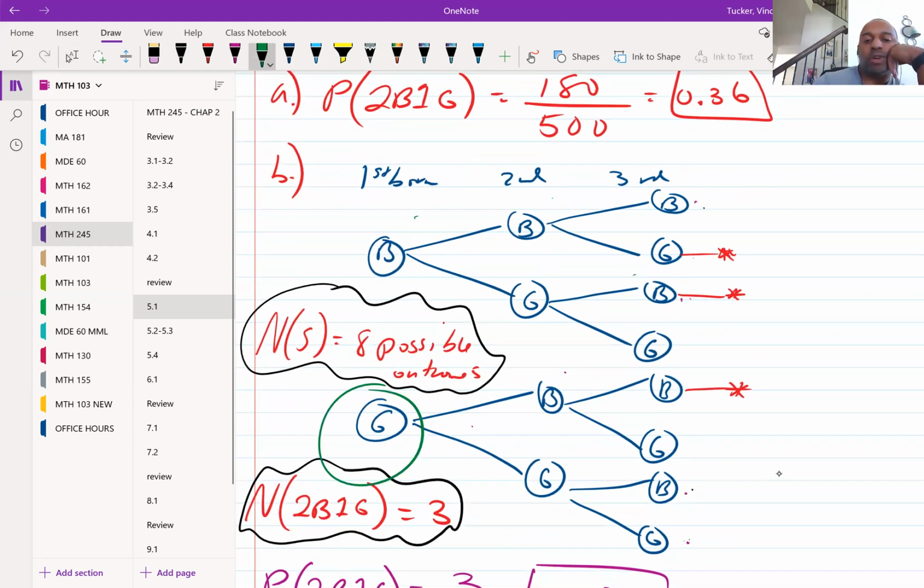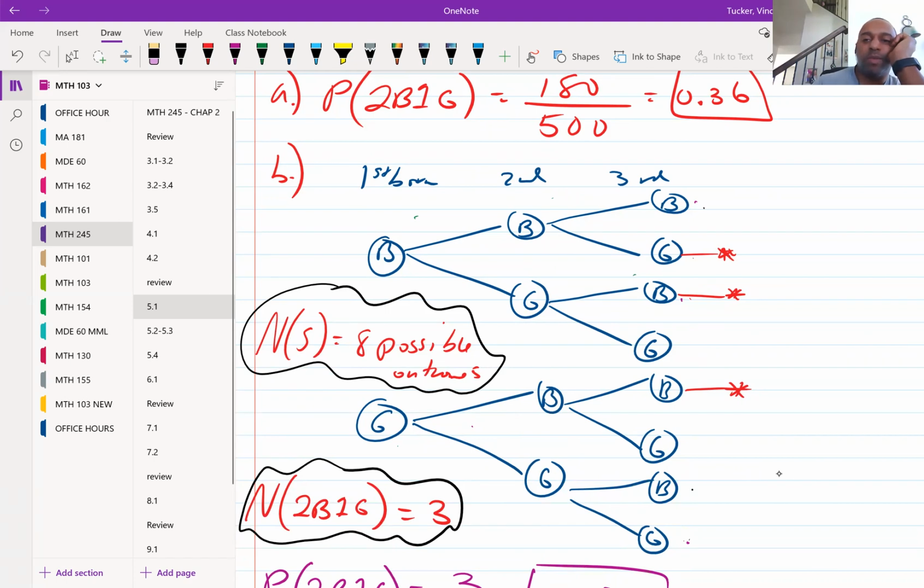And then the next one, we start off with what happens if you have a girl first? How many options do you have? So we're just talking about all in general, how many total possible outcomes can occur. So from having a girl first, it's possible to have a boy or girl. Then from having a boy or girl, you have boy or girl here, and then boy or girl here.